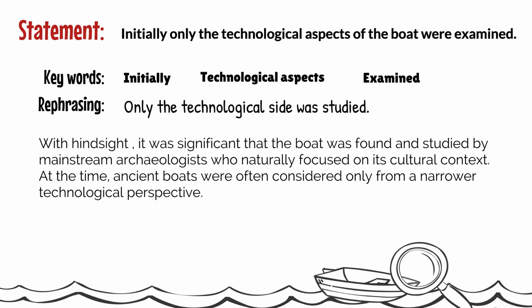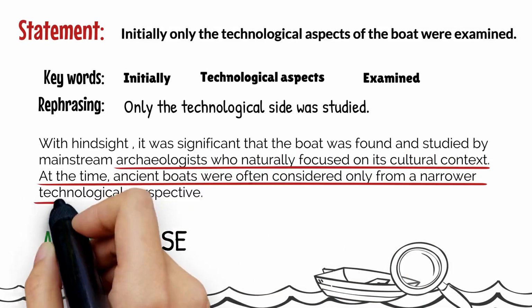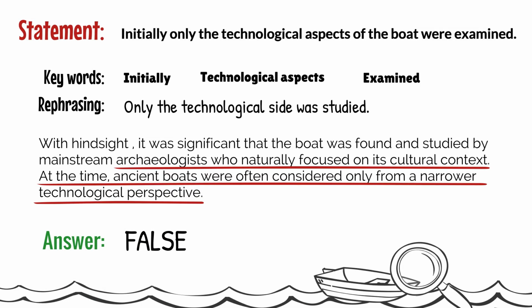At the time, ancient boats were often considered only from a narrow technological perspective. As you can see, according to the passage, this statement is false, because it says archaeologists who naturally focused on its cultural context. At the time, ancient boats were often considered only from a narrow technological perspective. So they didn't study the technological side at the beginning.